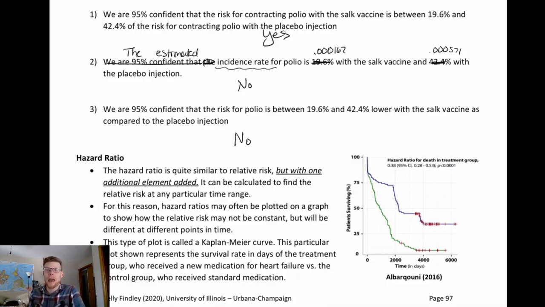Whenever you're looking at hazard ratios, you might commonly see these Kaplan-Meier curves, or sometimes they're called just a Kaplan-Meier plot. This shows the risk of our various factors over a period of time. For example, here we're looking at a hazard ratio, and the hazard in this case would be death.